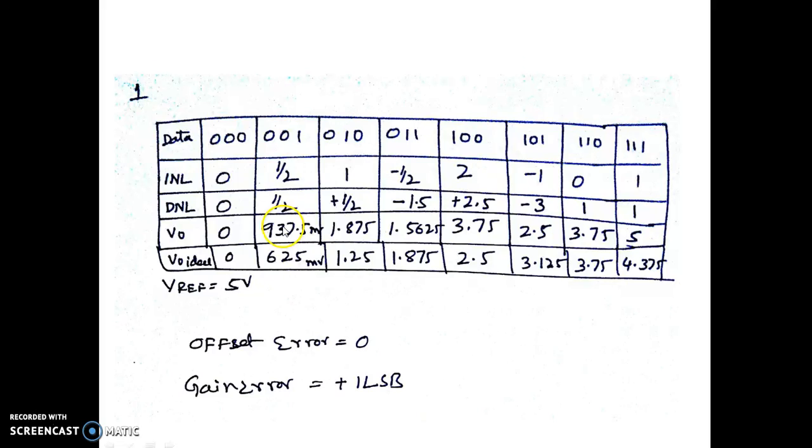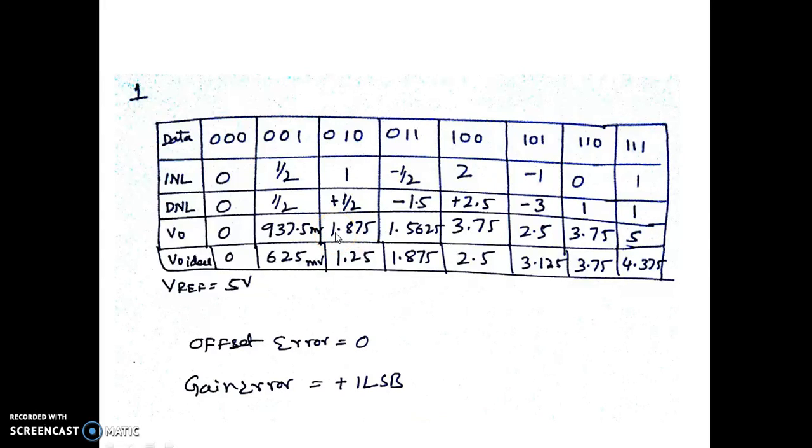If there would have been no DNL, the output voltage would be 937.5 millivolts plus 1 LSB, which is 1.5625 volts, but actually the output voltage is this much. So this is half LSB more compared to the desired value, 937.5 plus 625. That's why it is half LSB.